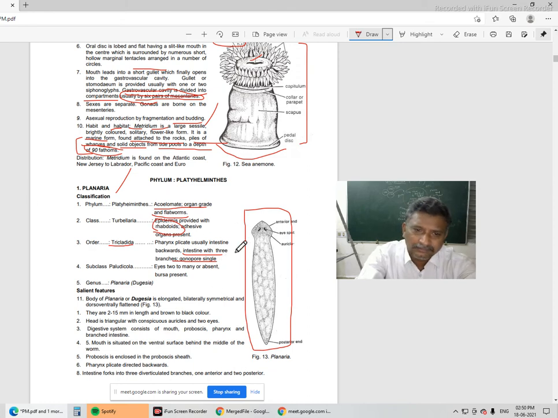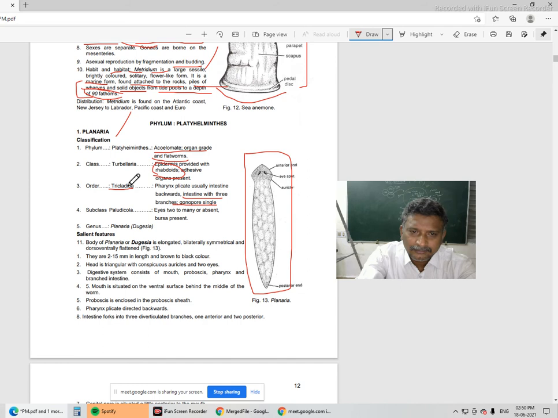These are all not visible to us. Okay, the body of planaria, or the other name of this one, Dugesia, sir. Dugesia, that is elongated, bilaterally symmetrical, dorso-ventrally flattened, 2 to 15 millimeter in length and brown to black color. Head, look from here to here only, head is triangular in nature.